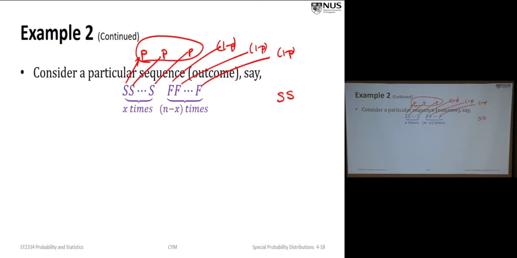The same applies here. I want the first one as a success and the second one as a success, so I have to multiply the two probabilities, if the first one being a success is independent of whether the second one is a success or not. So now I ask you, if I take a ball and it is a blue ball, then what is the chance that the second ball I draw is also a blue ball?